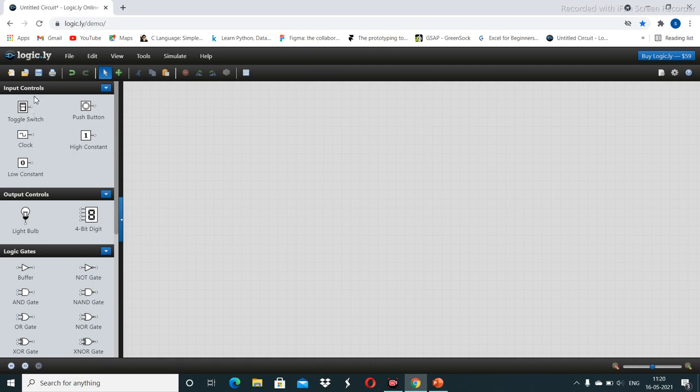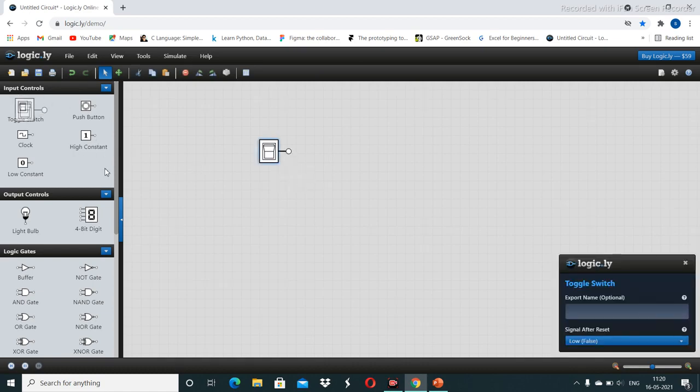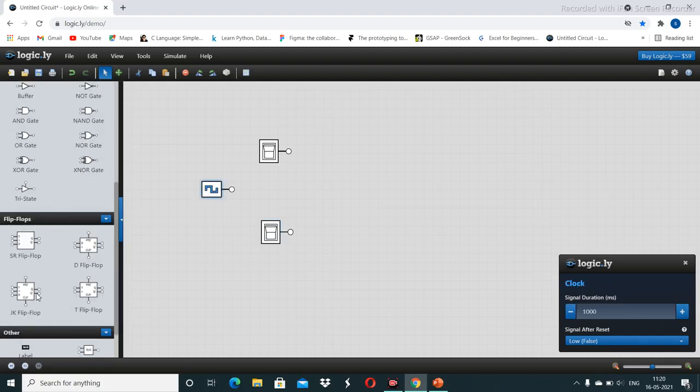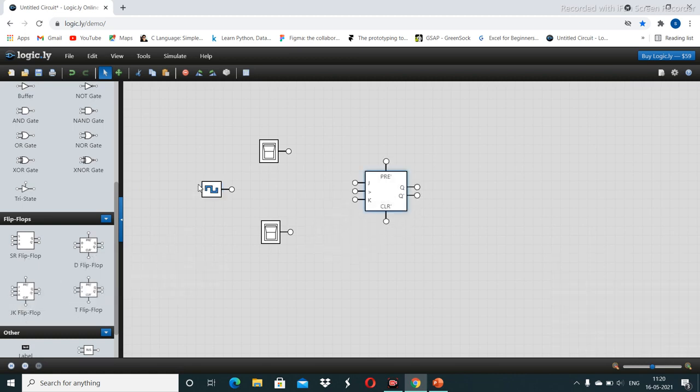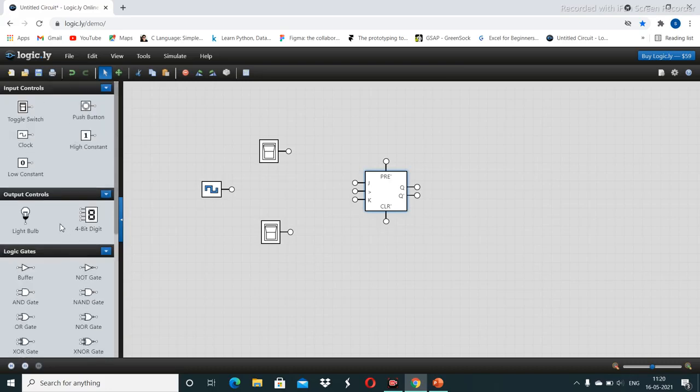For this we need two toggle switches here, and we need a clock pulse, and then we need a JK flip-flop here to explain the JK flip-flop circuit, and then we need two output controls here.